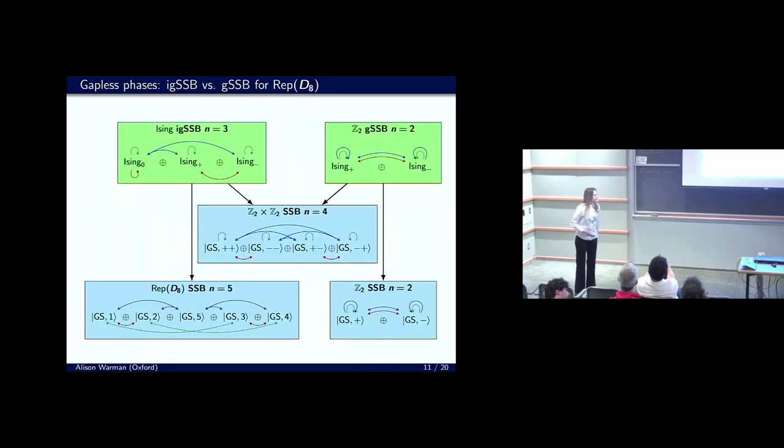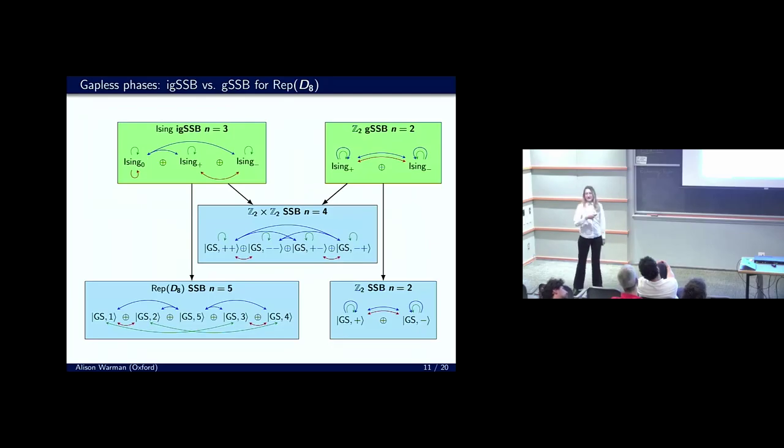This analysis can be repeated and extended to all the other algebras. And in particular, these are examples of GSSBs, so gapless phases which exhibit already some degree of symmetry breaking. For both of these, the reduced topological order is again the toric code, so they can be deformed to two gapped phases.